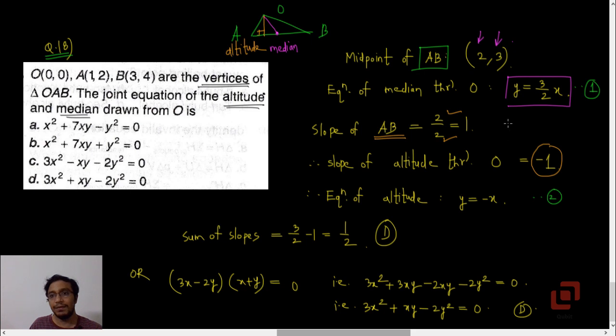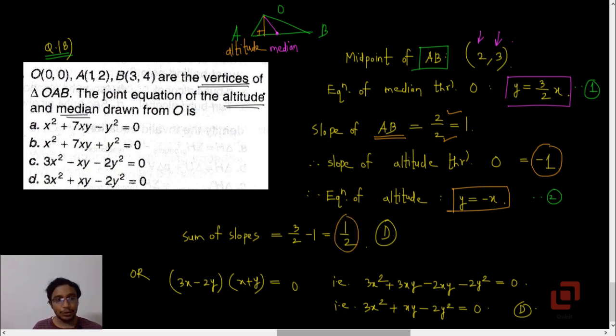In a similar way we got the equation of the median, and from 1 and 2 we can get the joint equation. Actually, I have not gone for the joint equation, I have found out the sum of the slopes. The sum of the slopes is now 3 by 2 plus -1, which is 1 upon 2.